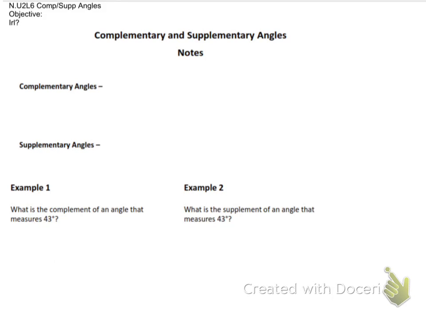Hey guys, so today we're talking more about angles, and today we're specifically learning about complementary angles and supplementary angles. So let's start with some definitions first. Complementary angles are two angles that add up to 90 degrees.